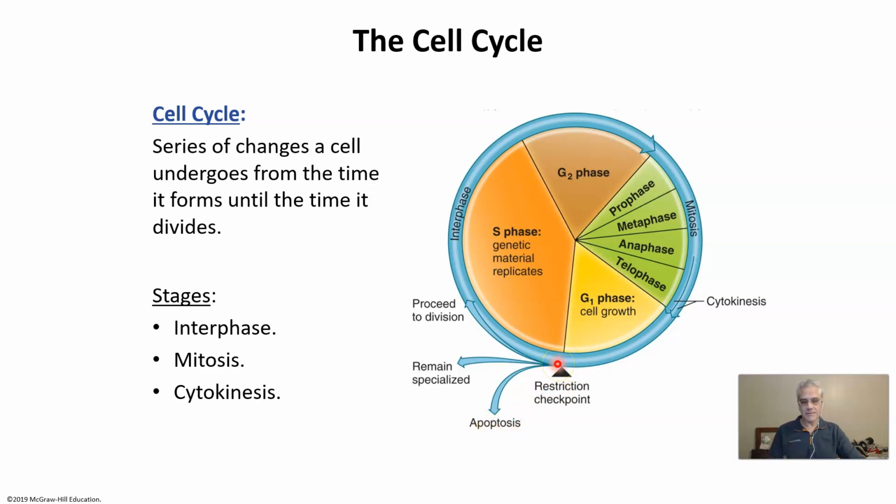That might happen if the cell has a certain gene that is making a protein uncontrollably, as would happen in a cancer cell. If the cell recognizes that that gene is out of control, it can decide at that point to destroy itself instead of replicating, which would replicate a cancer cell.